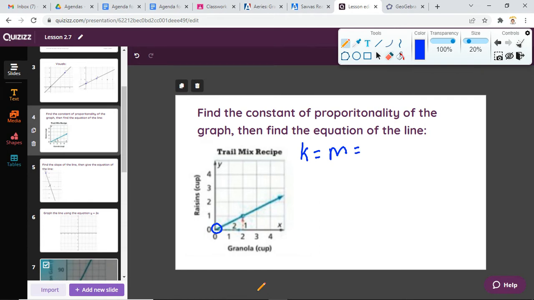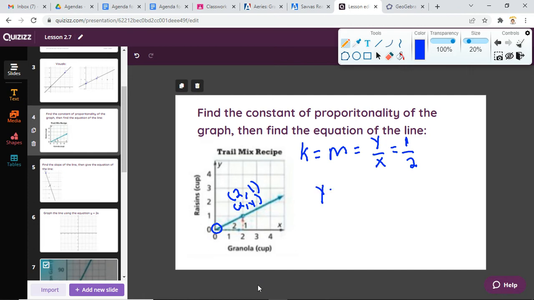And since this is a straight line through the origin, we can find our slope by doing y divided by x. Alrighty, so let's use the coordinate right here. I have to go right 2 and up 1, so we can use the coordinate 2, 1. Remember, our coordinates are written as x, y, which means in this problem, my y is 1 and my x is 2. So I get slope is equal to constant of proportionality is equal to 1/2.